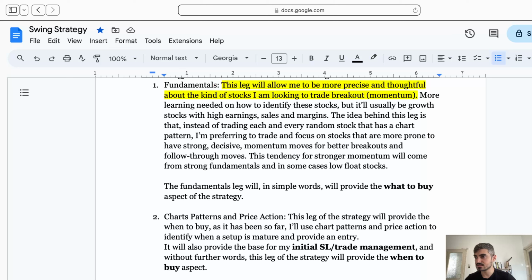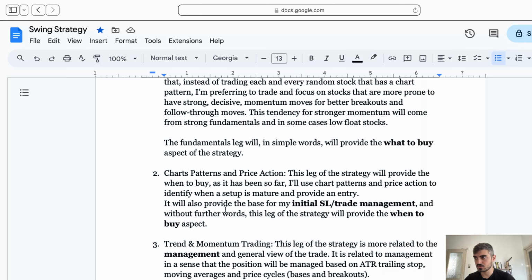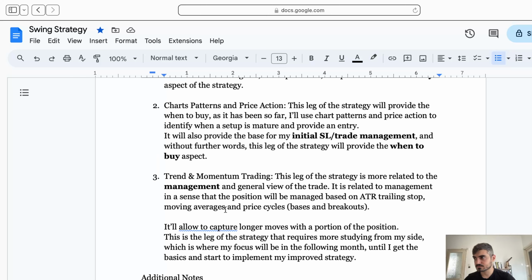And once again, guys, I identified a stock with good fundamentals, and I have a chart pattern that allows me to understand when to buy the stock, when it is mature to be bought and to enter a position. This will be the aspect of the classical chart patterns and price action. Nothing much to add about it.